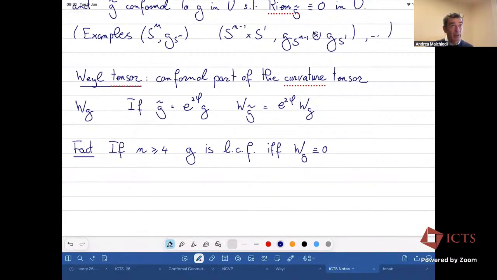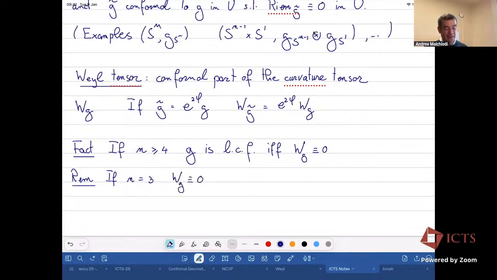Okay, and a remark is that if the dimension is 3, the Weyl tensor is always identically equal to 0.